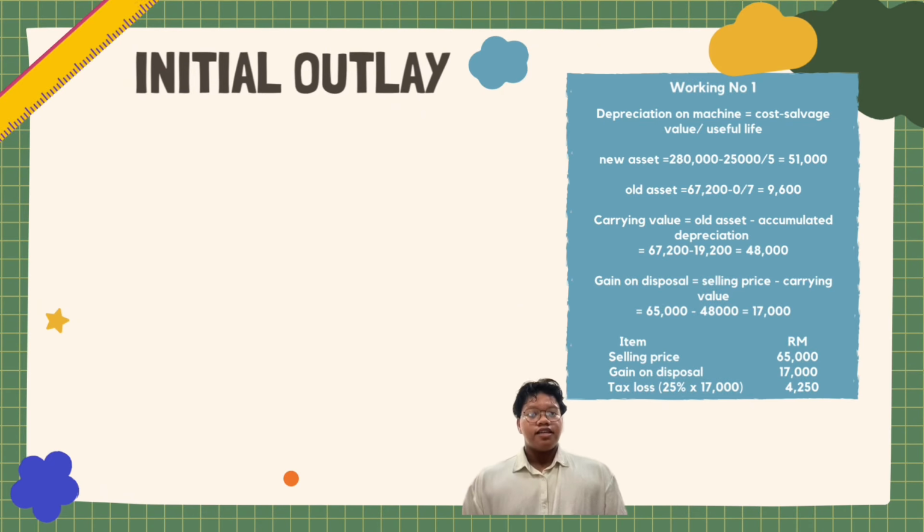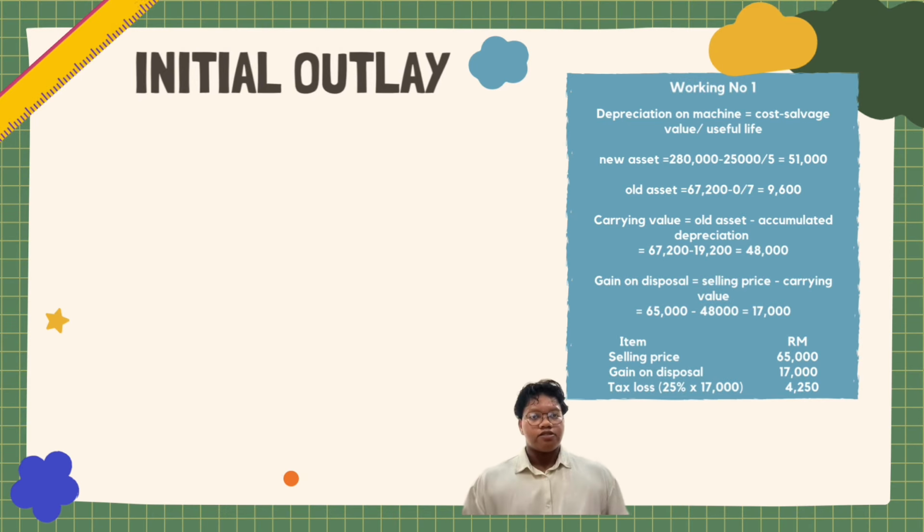To know whether it is a gain or loss, we take the selling price, which is 65,000, and deduct the carrying value, which is 48,000, and then we get the gain on disposal amounting to 70,000.